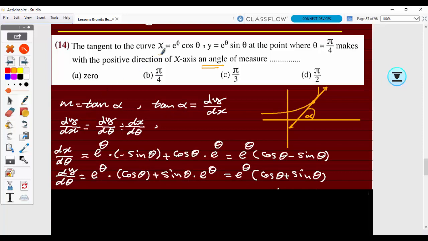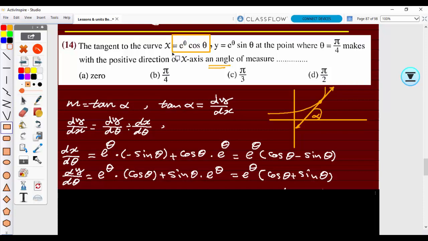Here we will use parametric differentiation, because x is a function in theta, and y also is a function in theta. So dy/dx equals dy/d theta divided by dx/d theta.